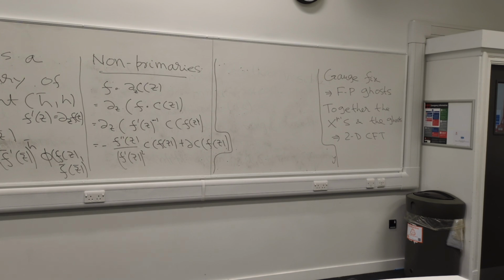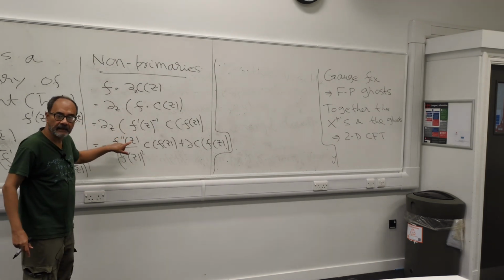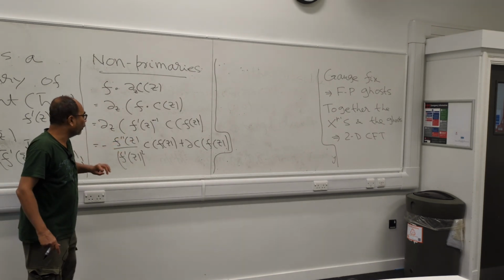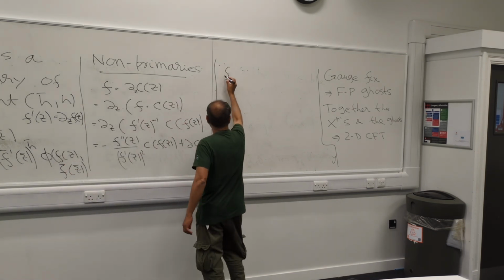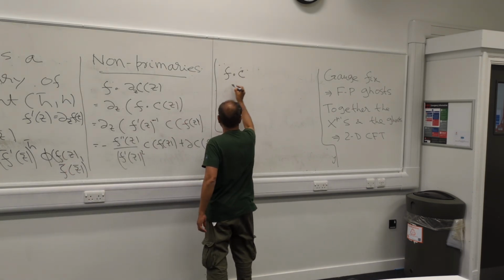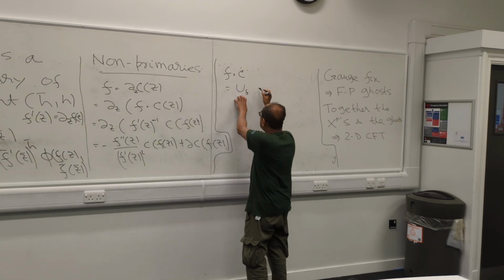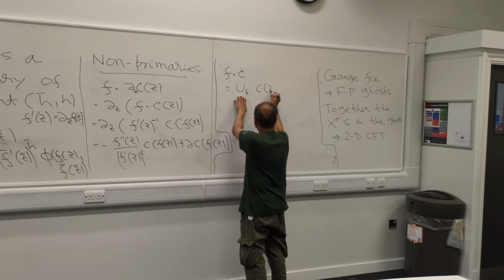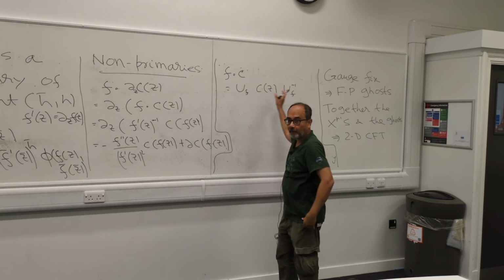Oh, how did you get this? Okay, so the first term is clear. You can think of f dot c as an abstract operator in the CFT, u_f c of z u_f inverse. This is an abstract CFT operator.